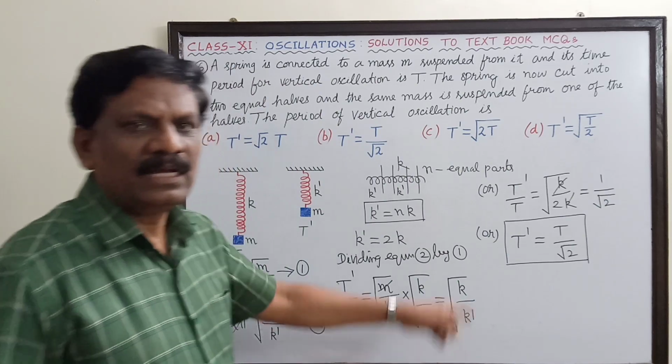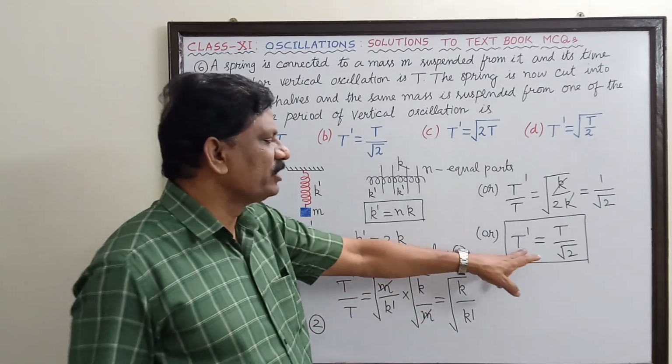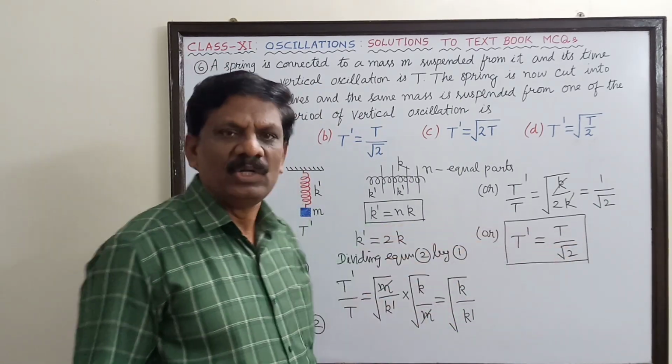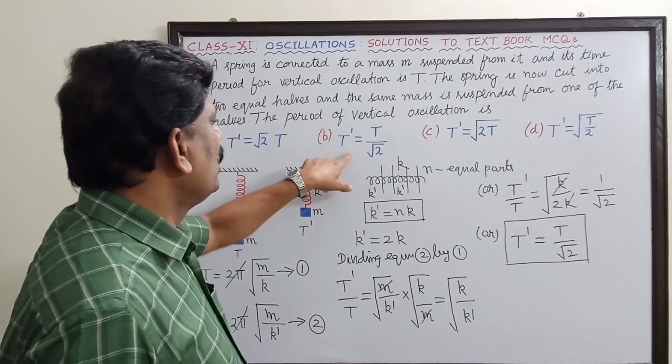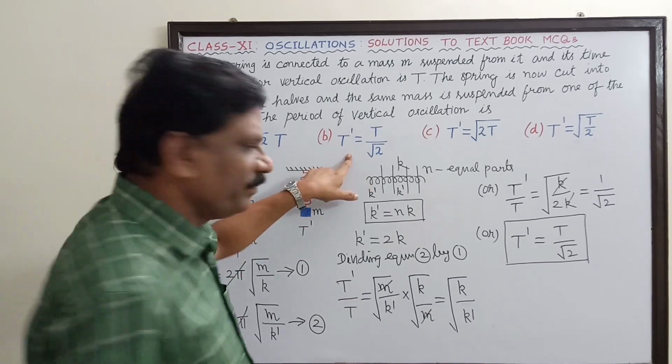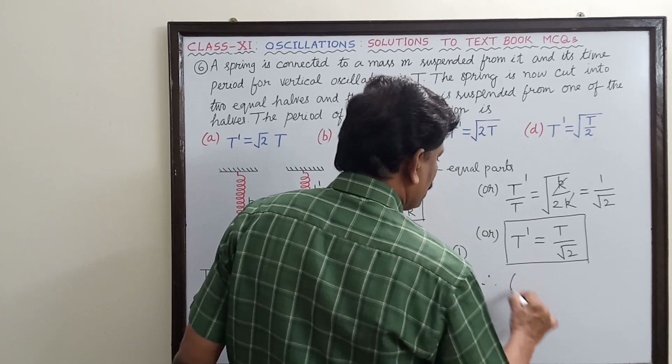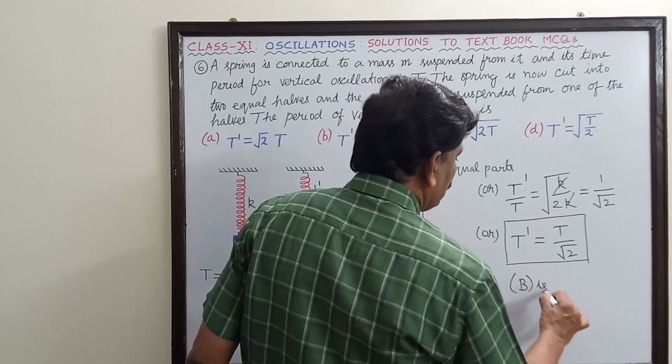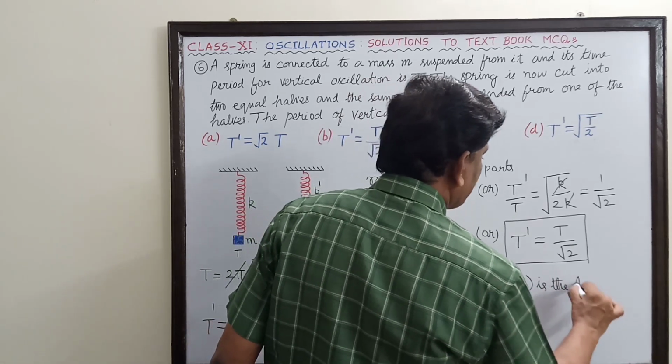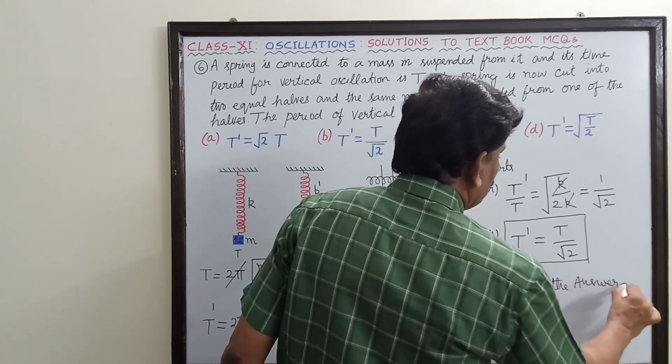So we have got the answer. The new period of oscillation is T divided by root 2. So the correct option is option B.